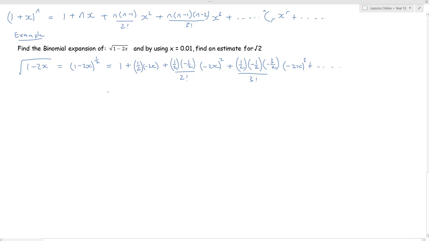Right, so if we simplify this, we get 1, the 2's cancel, we've got a minus there, so it's minus x. We've got 3 negatives, so our solution is going to be negative. Now to sort this out, I always work in the margin. I do a half times a half, and then it's divided by 2, so it's going to be times a half.